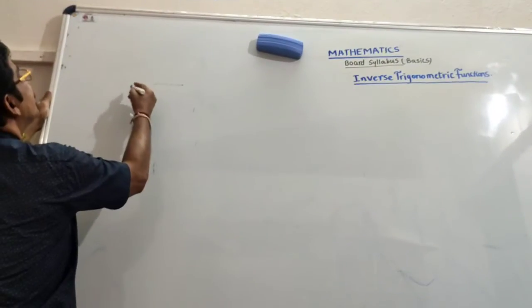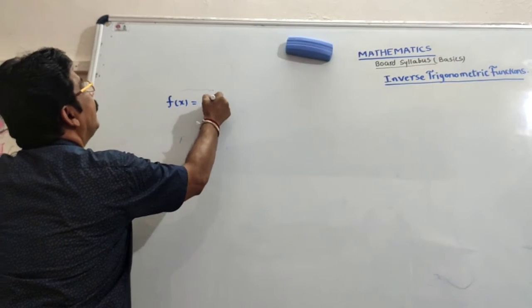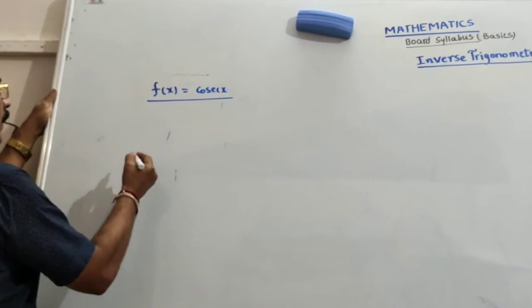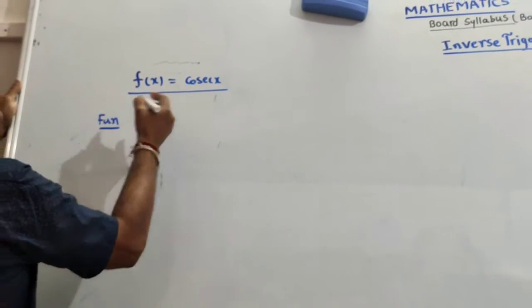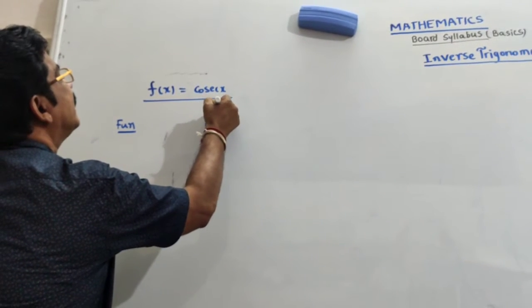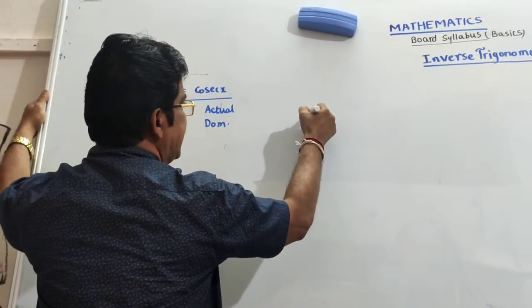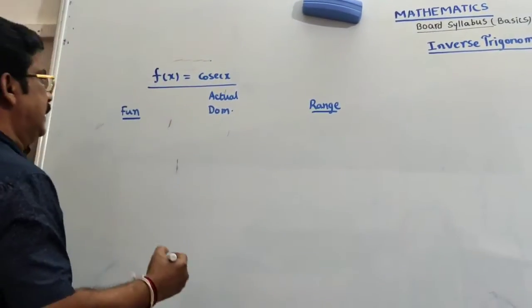Let us consider the function f of x equal to cosecant x. This is the function, next the actual domain, and this is the range.